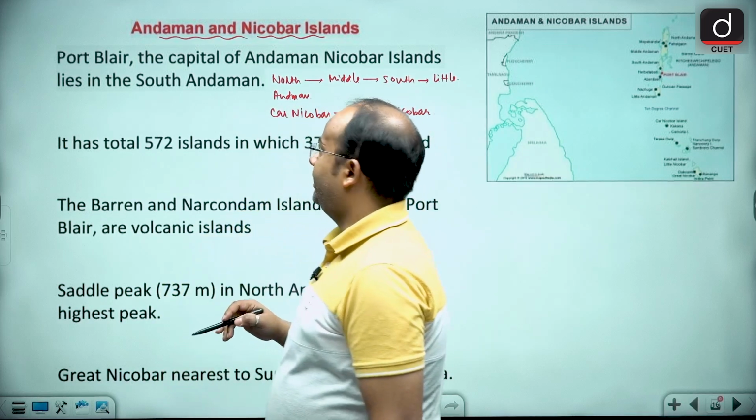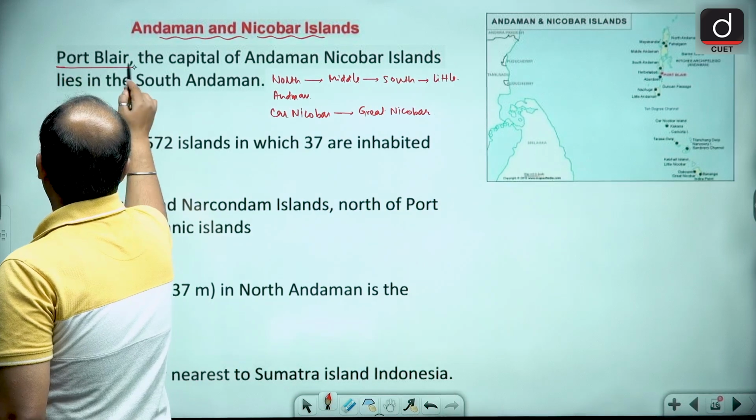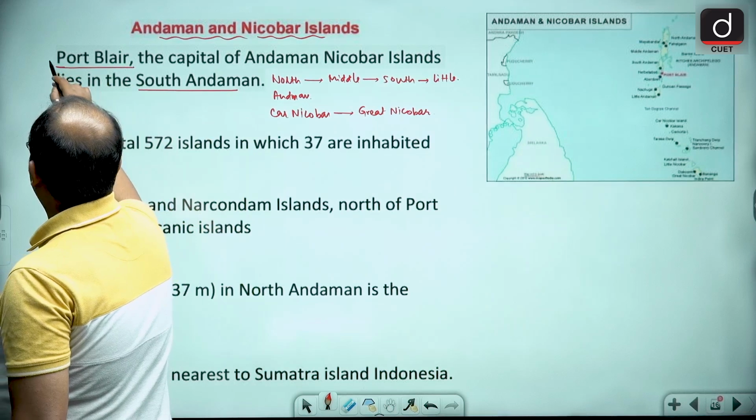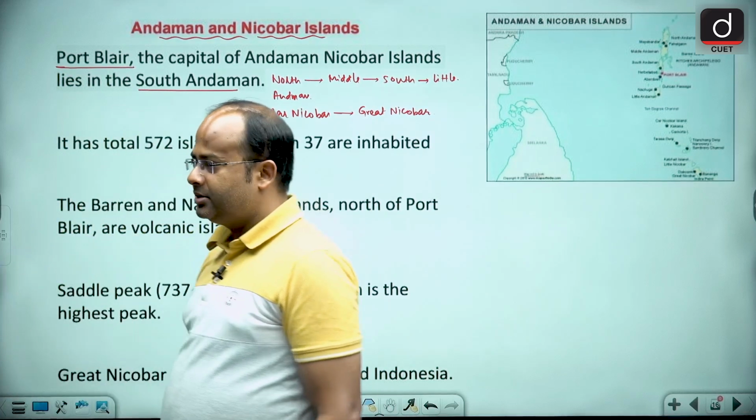The capital of Andaman and Nicobar is Port Blair, and this is located in South Andaman.